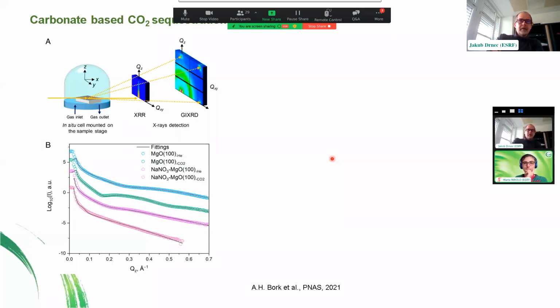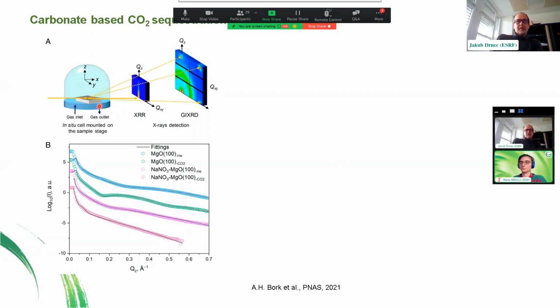We put, what is this? Sodium nitrate, right? There's a molten salt, and we couple the X-ray reflectivity, so it's also a scattering technique, with which you can look at the electronic profiles across the interface, and then wide angle scattering, so XRD.